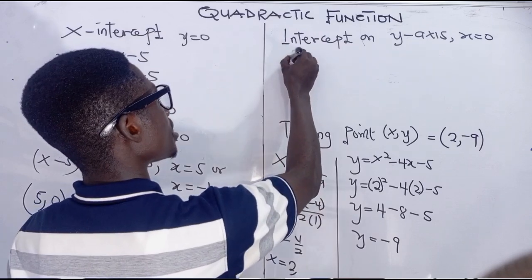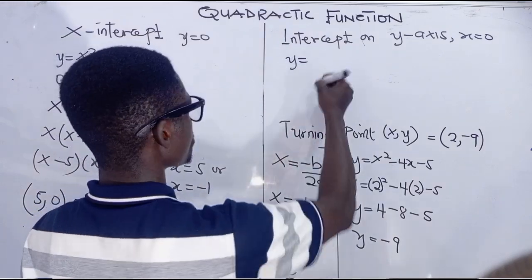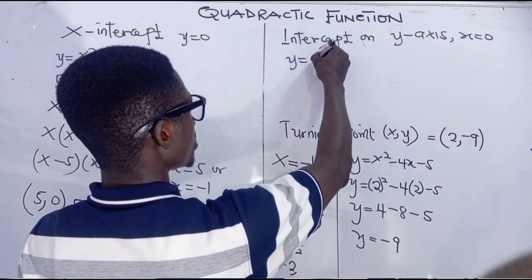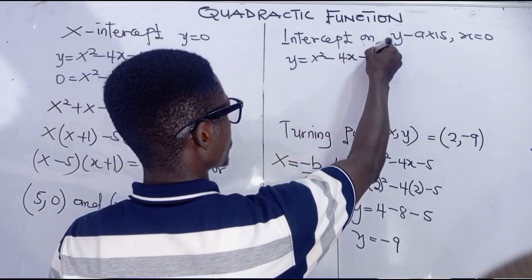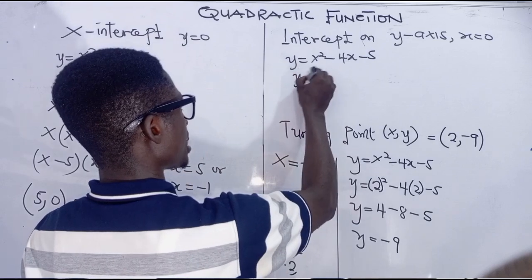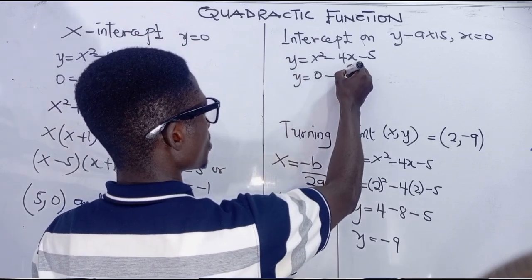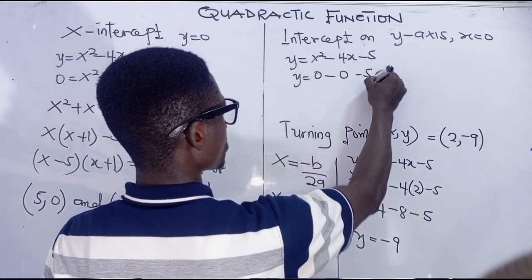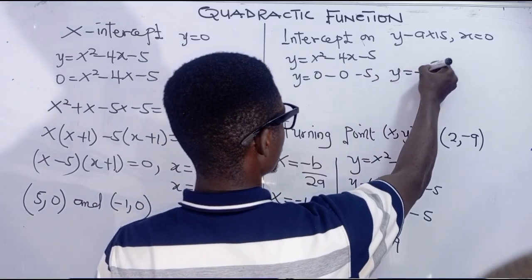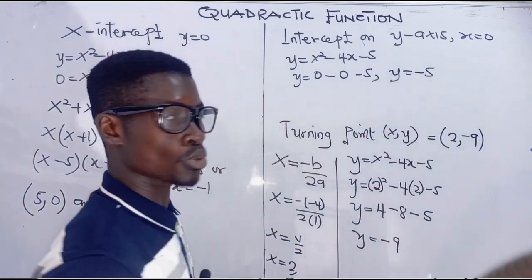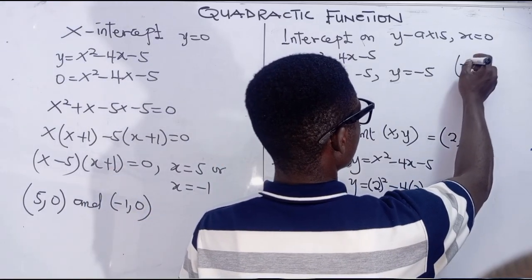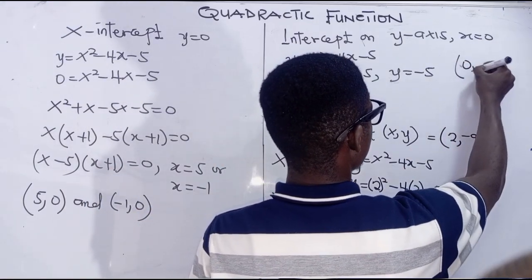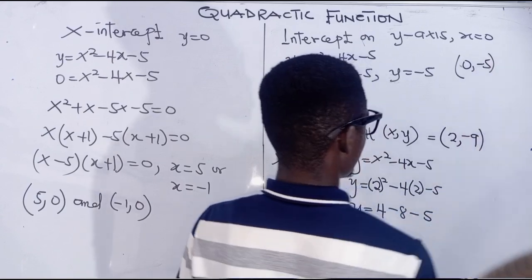So we have y is equal to x squared minus 4x minus 5. So we are saying that x is equal to 0. We have 0, 0, and then -5. So we can see that our y is equal to -5. So on the y-intercept, we are going to have the coordinates 0 and then -5.